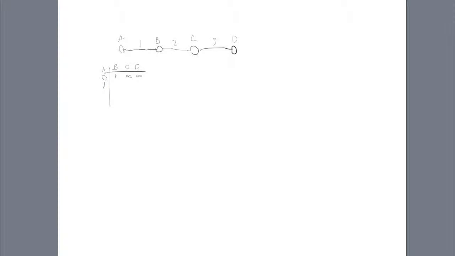What happens in the second iteration? Well, remember we're assuming this is happening synchronously. So at the same time that this happened for all the other nodes, right? In the second iteration, B knows about its neighbors, A and C, right?